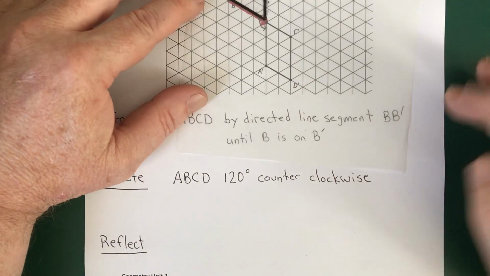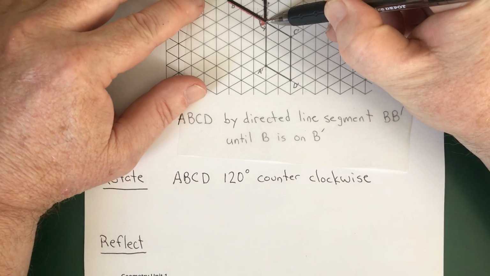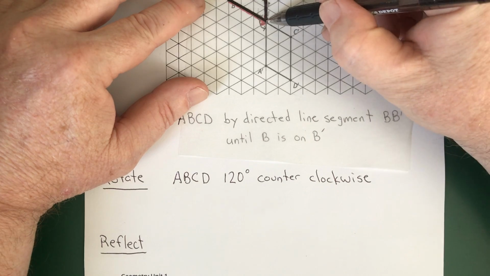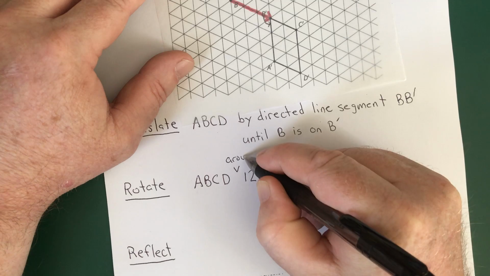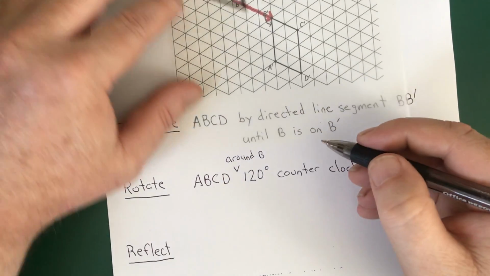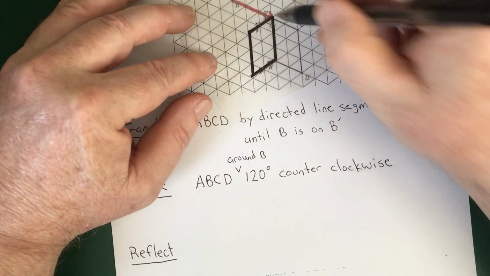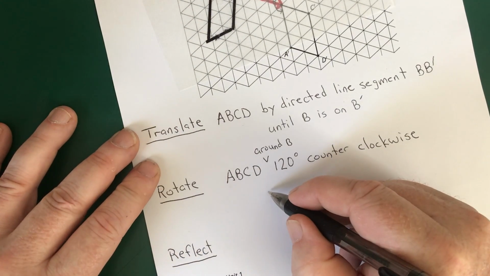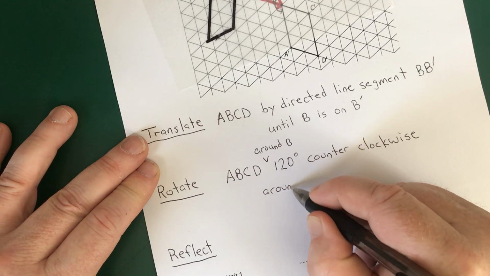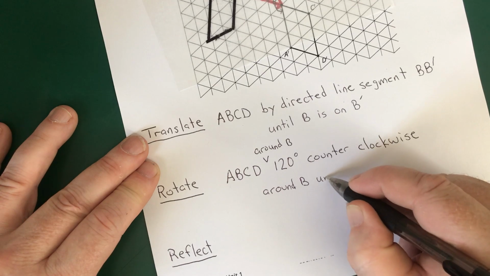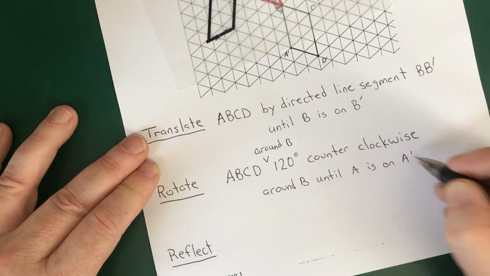The other way I could say it, which is a little bit easier, where you don't have to know what the angle is, I could say rotate ABCD around B. Oh, I forgot to say around B. It's very important to say what you're rotating around. So I could say rotate ABCD around B until A is on A prime. So my option 2 is say rotate ABCD around B until A is on A prime.